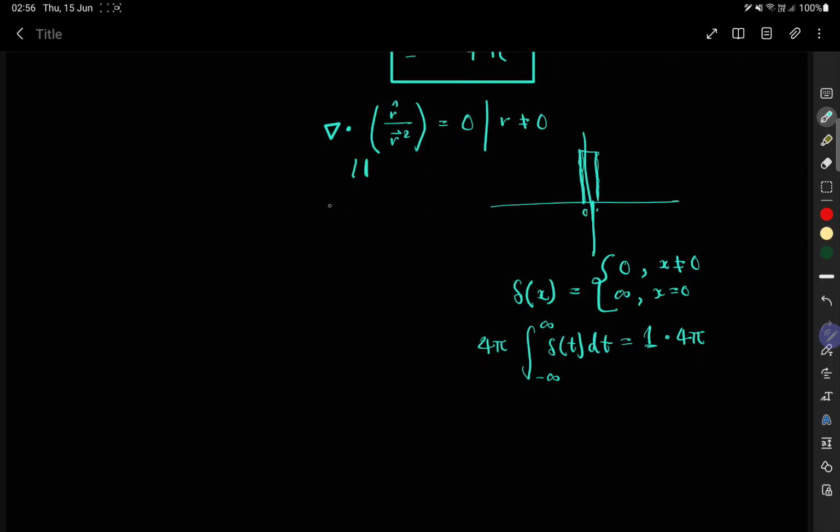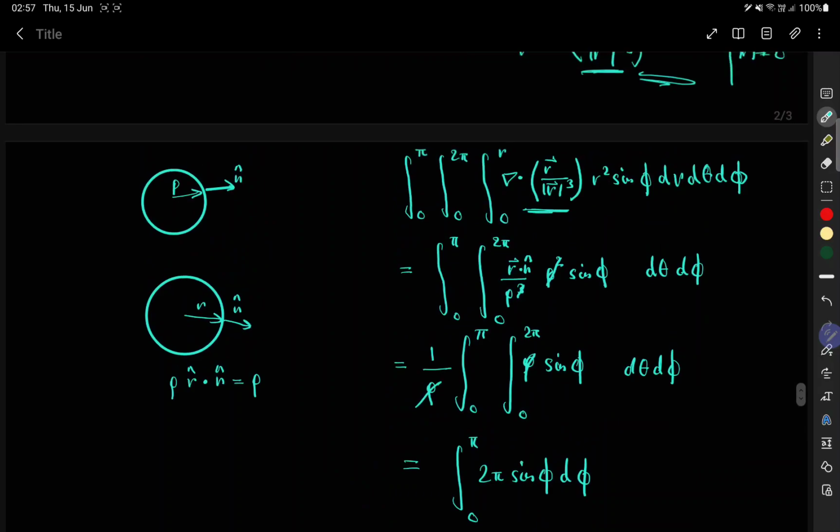So we can define this as 4 pi delta cube. Delta cube just implies it's 3-dimensional, of the r vector, right? Because the r vector has to be three-dimensional.